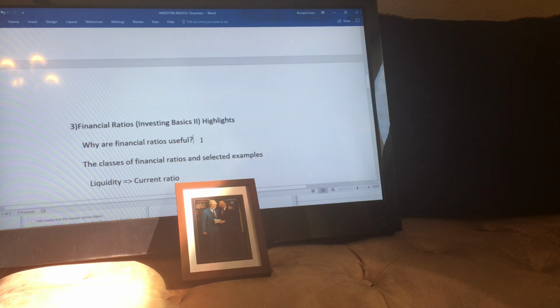So why are financial ratios useful? Because they give you a snapshot of a company's financial health or financial capacity.